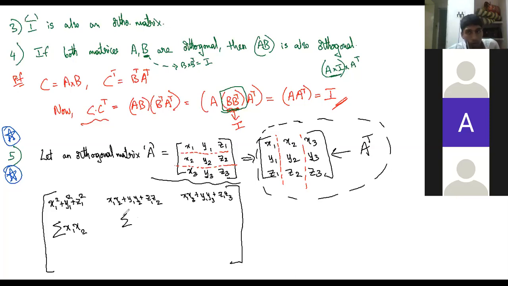Sir, y1 y2. y1 y2 कैसे हुआ? Second row, second. Sir, x2 y2. I mean x1. See, okay. See, I'll tell you. y2, x2, sorry, नहीं, x2 हो गया.